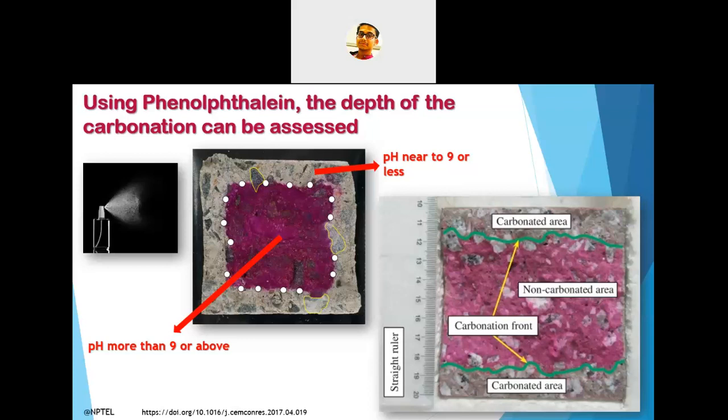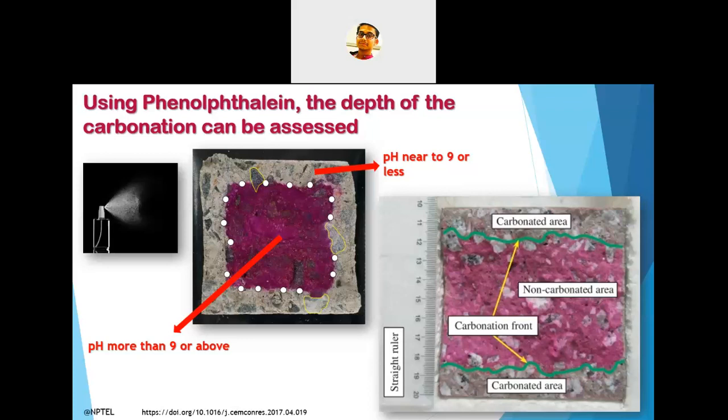The phenolphthalein will change its color to somewhat purple or pinkish if the region is alkaline in nature. So when a solution is alkaline, the color changes.